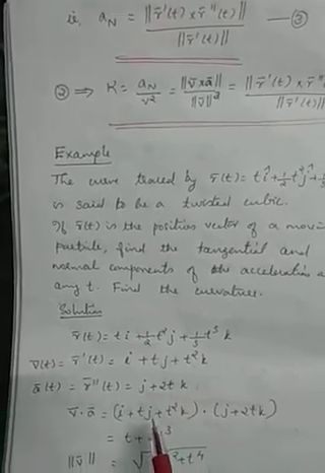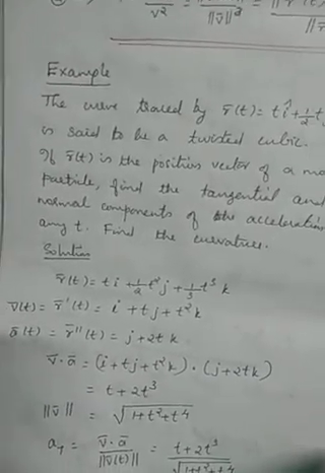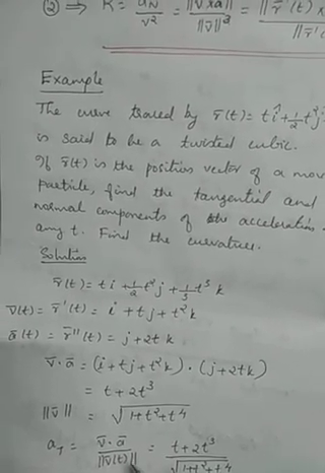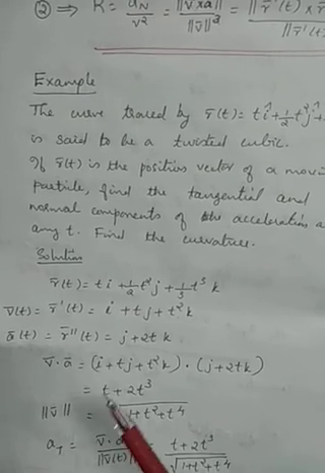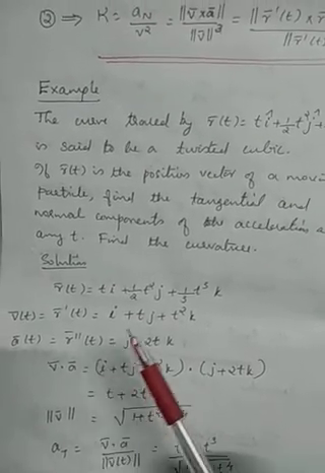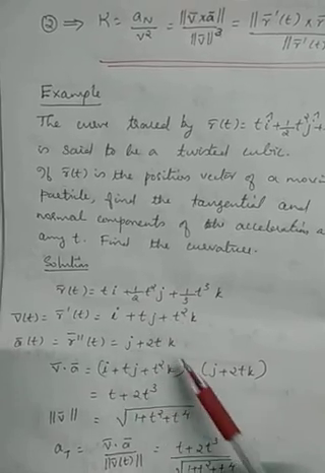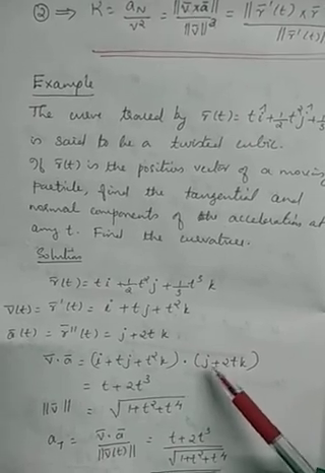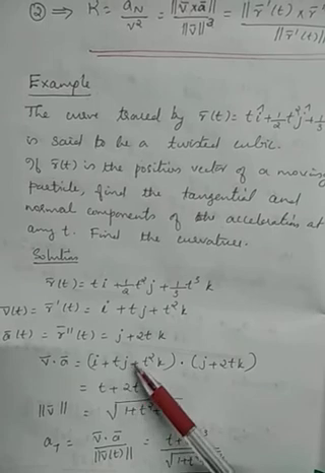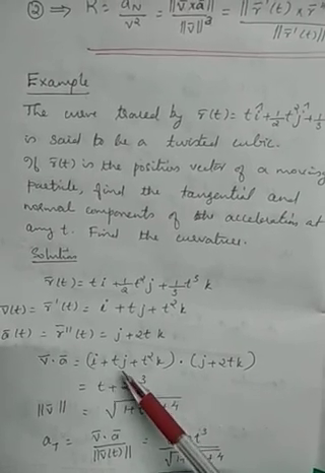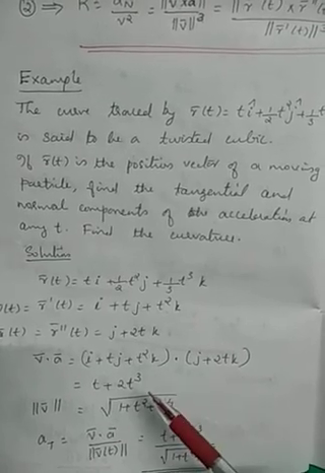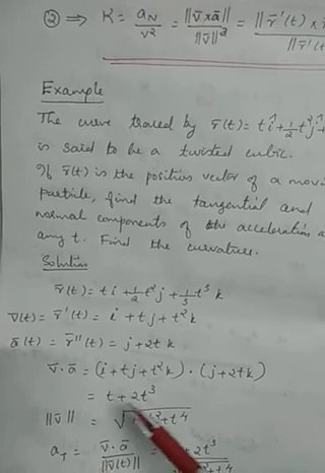Now, we know that the tangential component is given by AT is equal to V dot A divided by norm of vector V. So, first let us find V dot A. Taking the dot product, in the second term there is no term of I. So, in the dot product the first term becomes T into 1, that is T, plus the second term T square into 2T, that is 2T cube. So, this is V dot A.